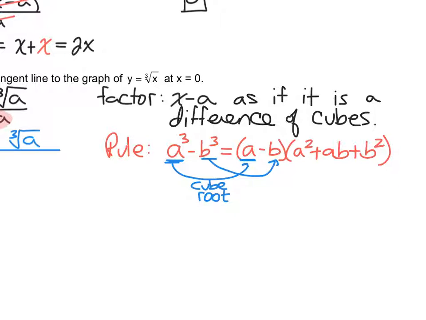To get from the first term in the binomial to the first term in the trinomial, we squared that. Same thing with the last terms. To get the middle term, we took the 2 terms of the binomial and multiplied them.